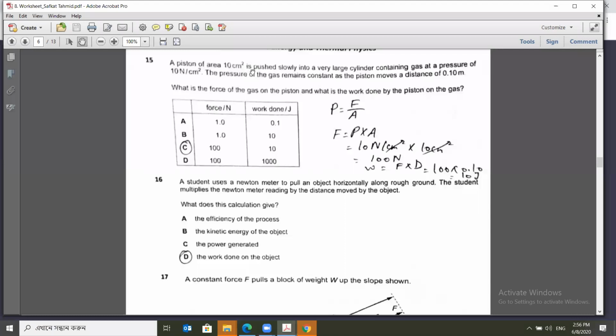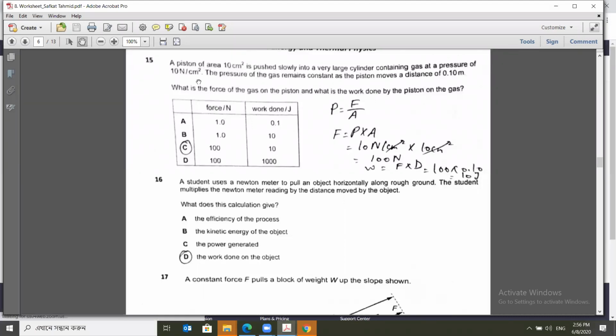Mark it. Then you are getting pressure, so it is P. And you are getting distance d. Then the formula will work in your brain. They are asking you for force, so you can understand that this force we can find from the formula P equals F by A, because I already have P and I already have A, so this formula will help me to get F.